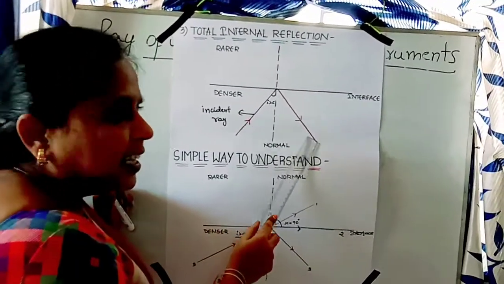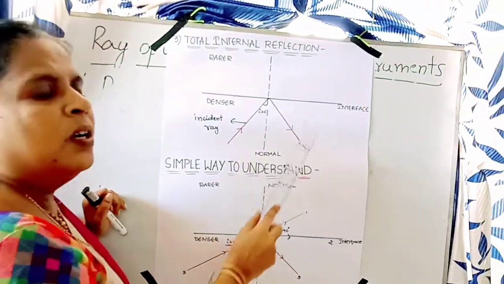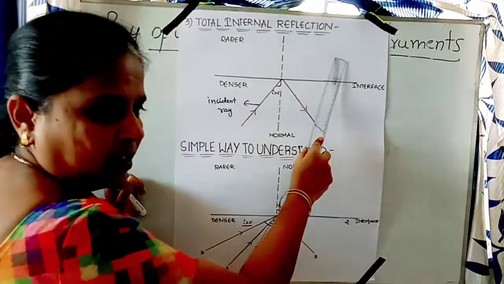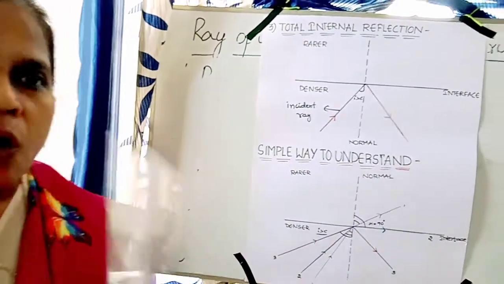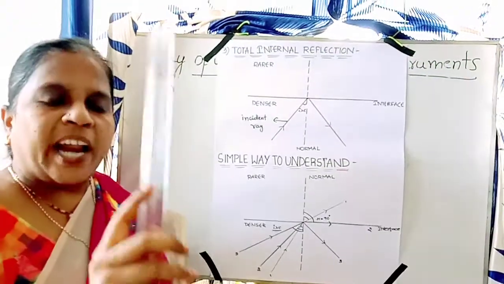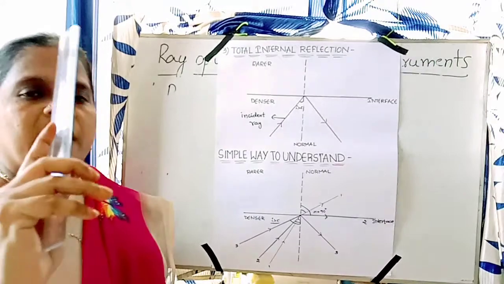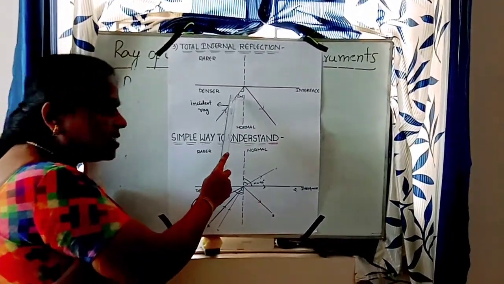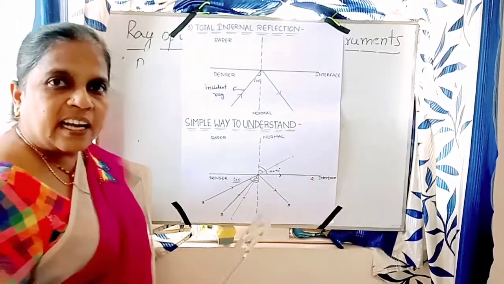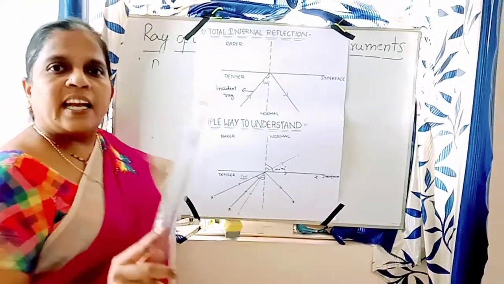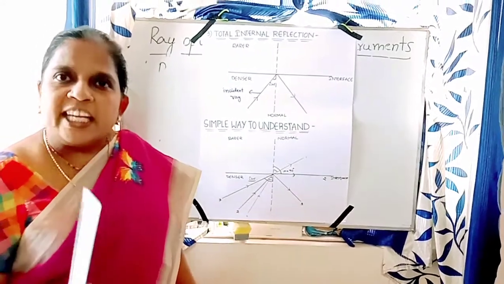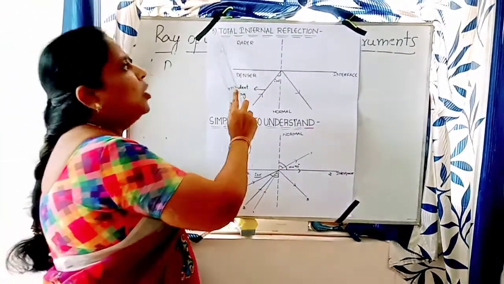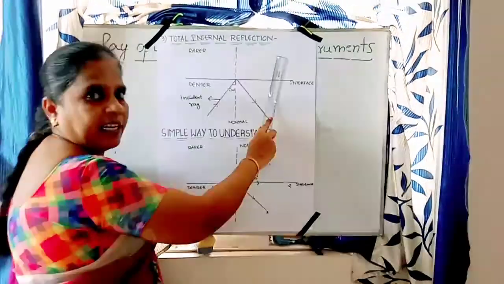Understand? So when a light ray travels from a denser medium to a rarer medium, where the angle of incidence is greater than the critical angle, then the light ray is totally reflected back into the same medium. That is called total internal reflection.